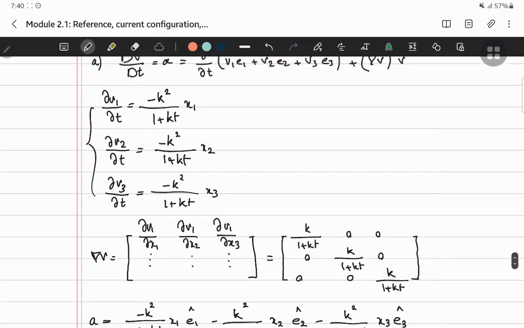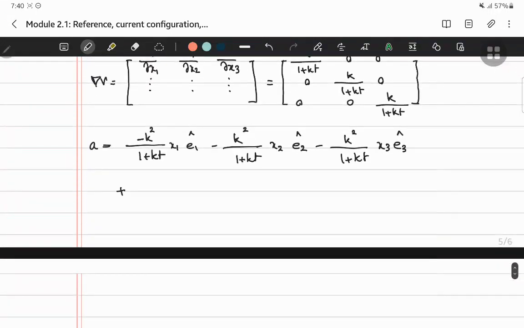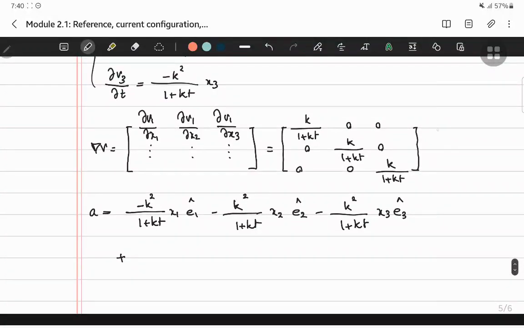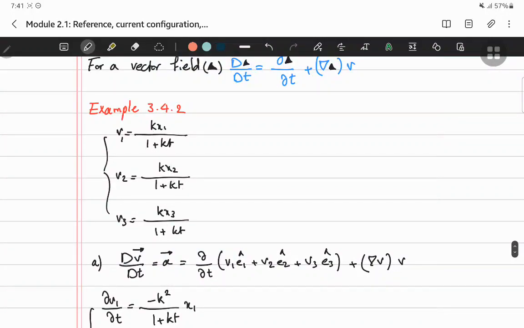Now I have the product of del v and v. If I put v here, this is my v1, v2, and v3.